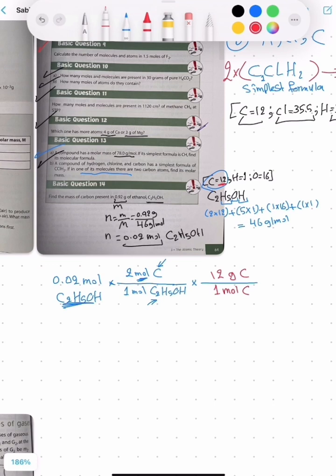Then just do your thing. Cross it, cross it, cross it, cross it, and you will end up with mass. Multiply this number by 2, then multiply it by 12, you'll get 0.48 grams.